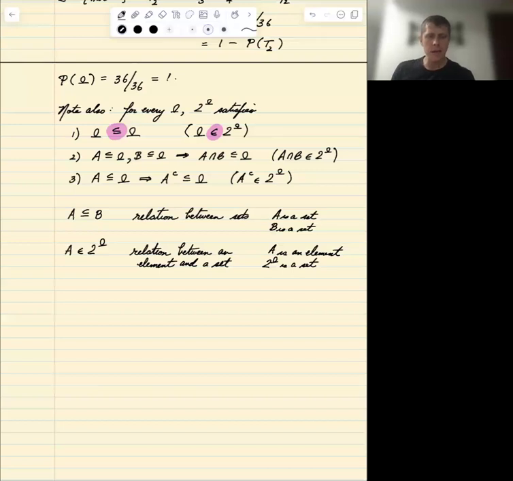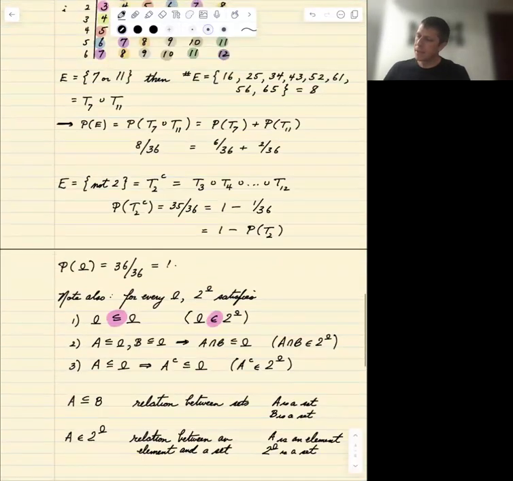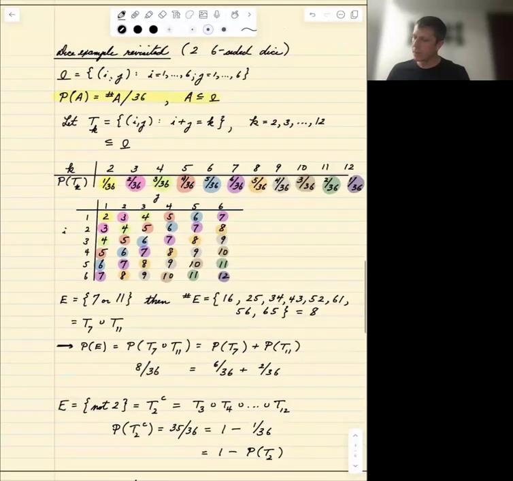Last thing I want to say, and I'm going to wrap up this section, and then we're going to actually go into the precise axioms of probability next. Here's a model that we talked about for dice, and the model is based on the uniform probability model, the uniform model on all possible outcomes.